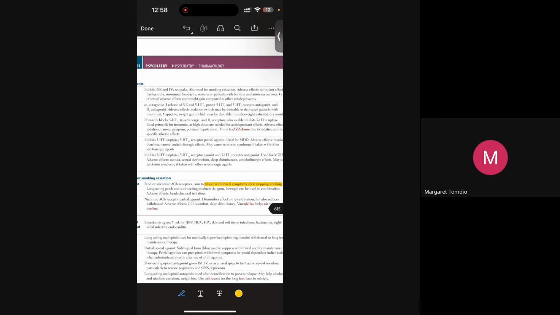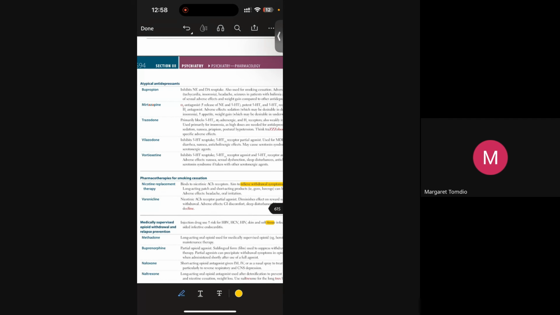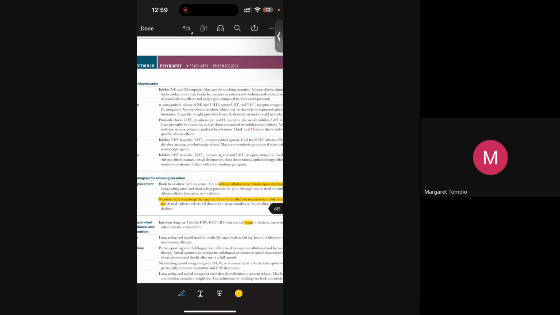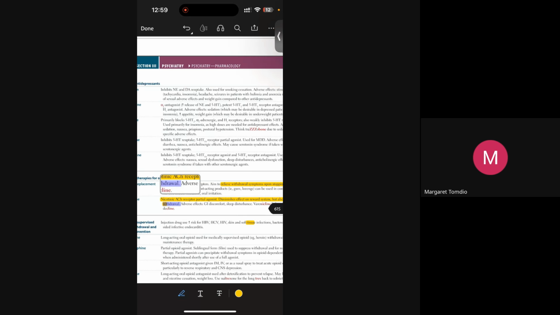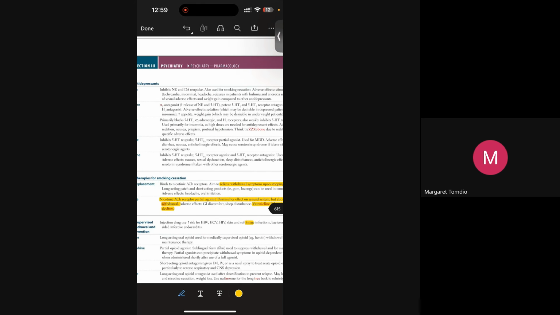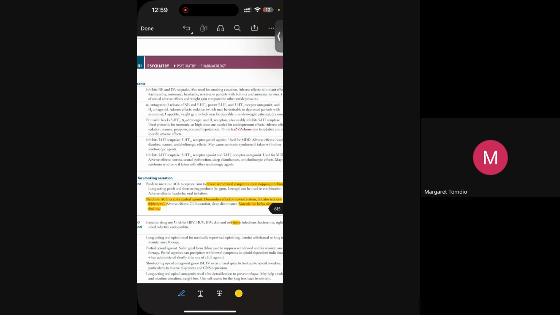Long-acting patches and short-acting products can be used in combination. Now coming to varenicline: it is a partial agonist, diminishes the effect on the reward system, but also reduces withdrawal. Varenicline helps nicotine cravings decline. Adverse effects are GI.